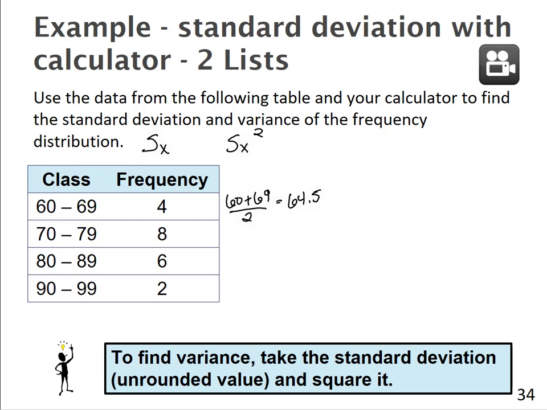So I subtract to find the class width, which 70 minus 60 is 10. So I'm just going to add 10 to 64.5, and I get 74.5 for the second class midpoint. I repeat, and I get 84.5 for the third class midpoint. I repeat one final time, since I have 4 classes, to get the final class midpoint of 94.5.